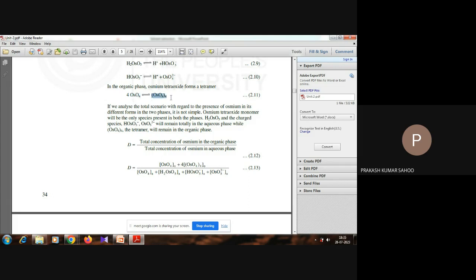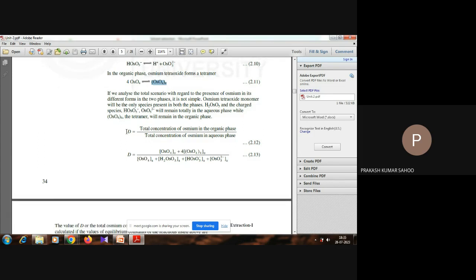OsO4 whole 4. So here the distribution ratio or distribution factor will be the total concentration of osmium in the organic phase divided by the aqueous phase. In the organic phase we have OsO4 and OsO4 whole 4, so this is written as OsO4 in organic phase plus 4 times OsO4 whole 4.